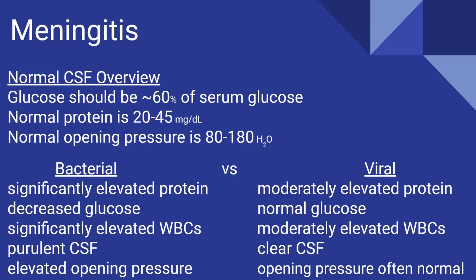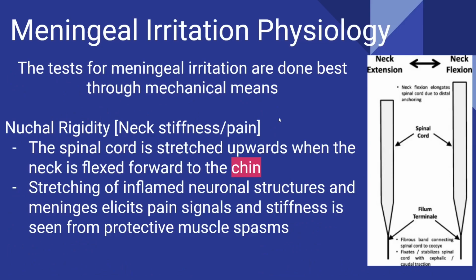And so the same thing is true with viral. We shouldn't see a lot of that debris. It should be clear in viral meningitis. And then in bacterial meningitis, because bacteria are larger in size and because they make a lot more debris, we should see a higher opening pressure than we would in a viral meningitis.